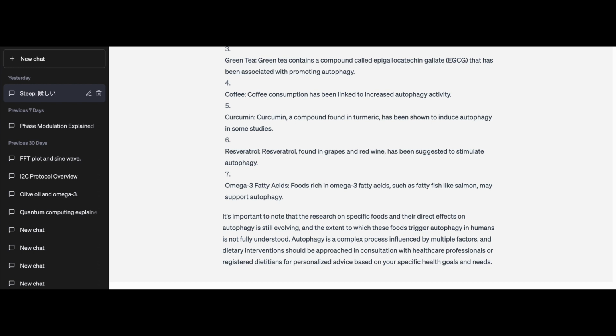ChatGPT is really helpful in terms of helping you understand some difficult concepts. You can even ask it to explain the words in a very easy manner.